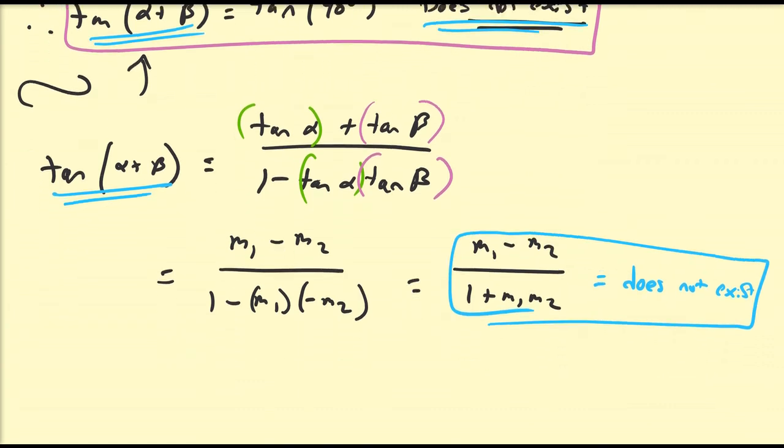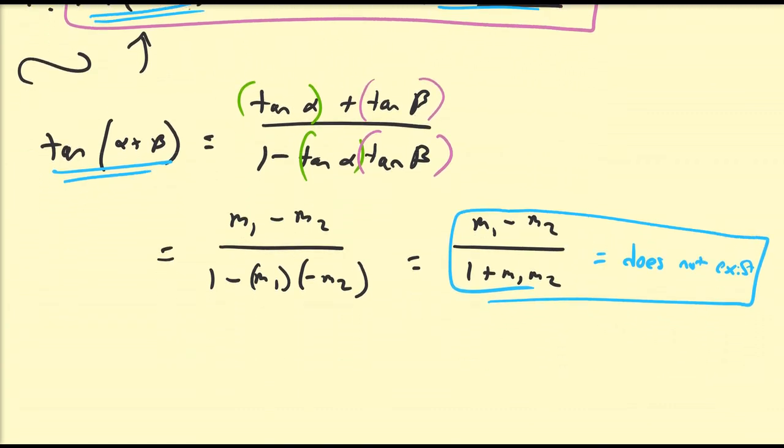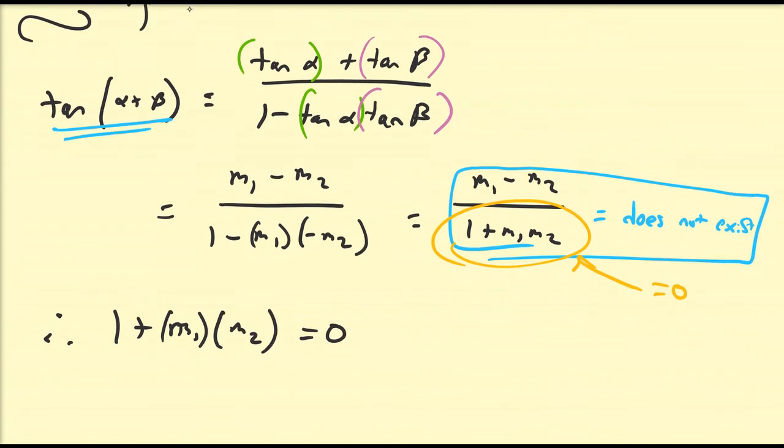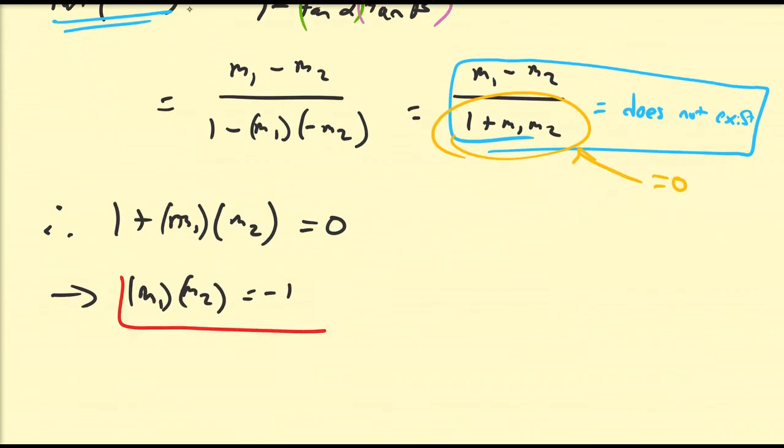The only way that a quotient of real numbers will be non-existent is if you're dividing by 0. So that means the denominator has to be equal to 0. So 1 plus m1 times m2 must be equal to 0, which means that m1 times m2, if we subtract both sides by 1, is equal to negative 1, which is what we sought out to prove.